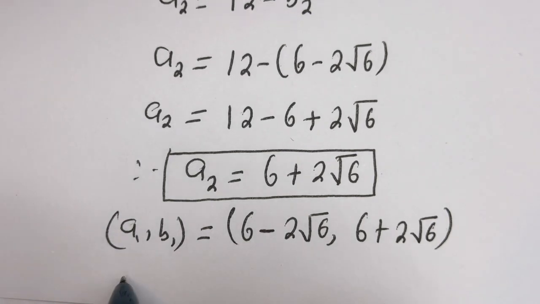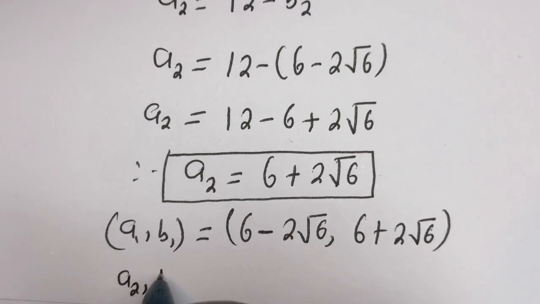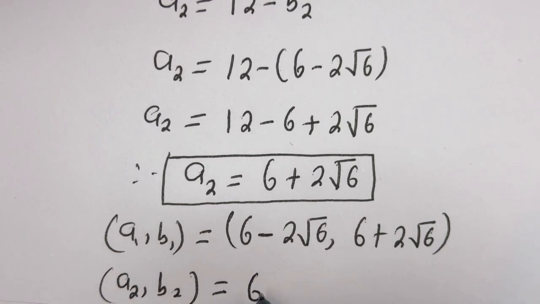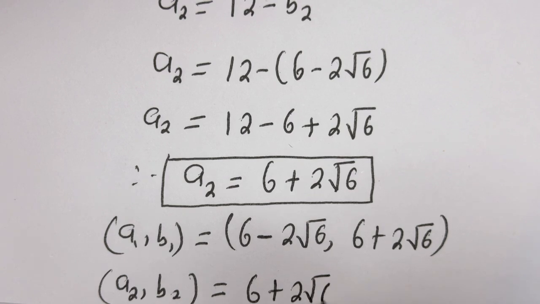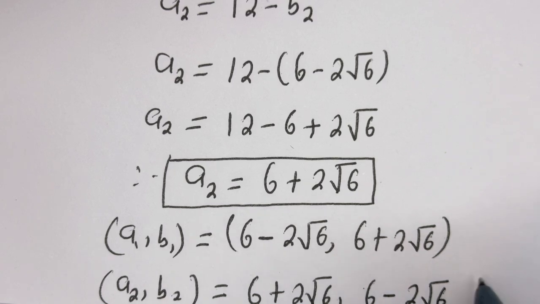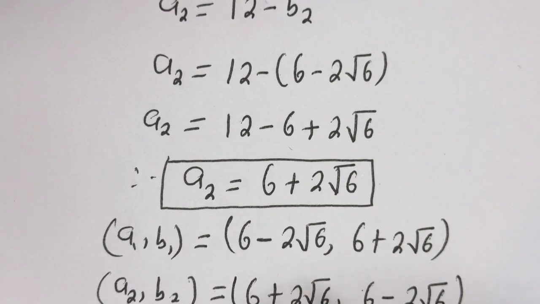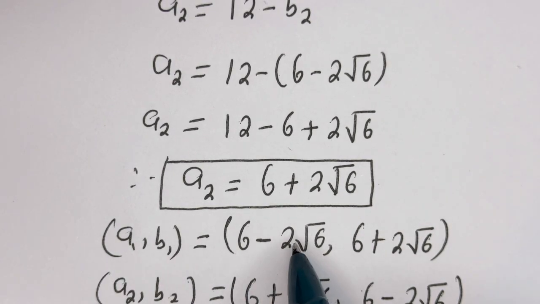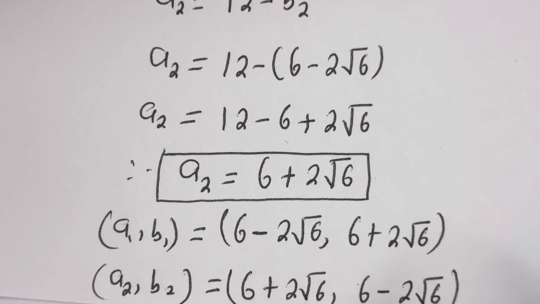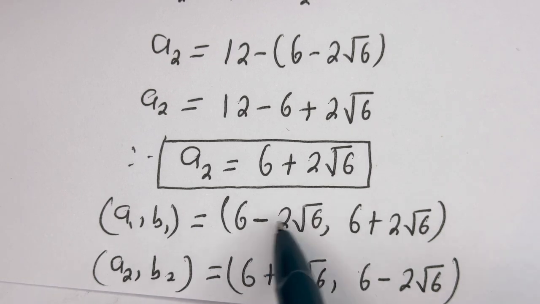Then a2, b2 is equal to 6 plus 2 root 6, 6 minus 2 root 6. We can see that a1 here is b2 here, and a2 here is b1 here. So this is the final answer.